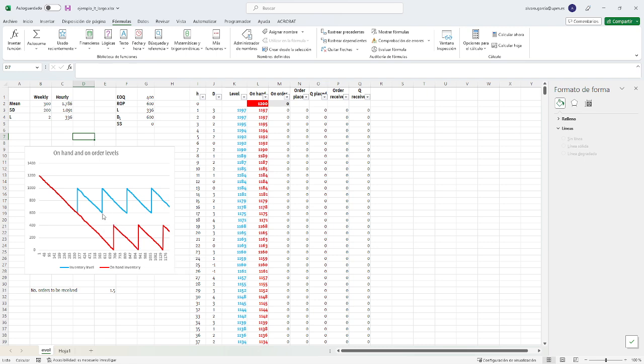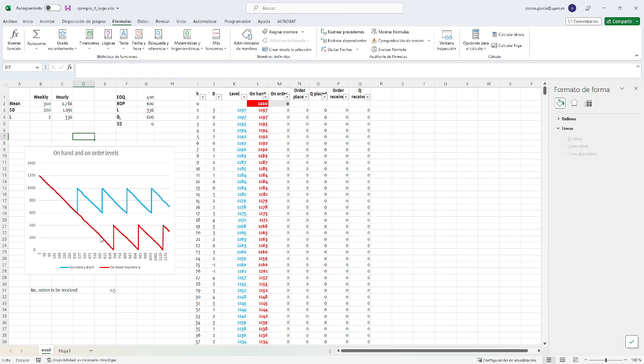Because I'm taking into account that the 400 I'm going to order, plus the 600 I already have, and that will be received sometime in between these two instances, I can fulfill all my demands.